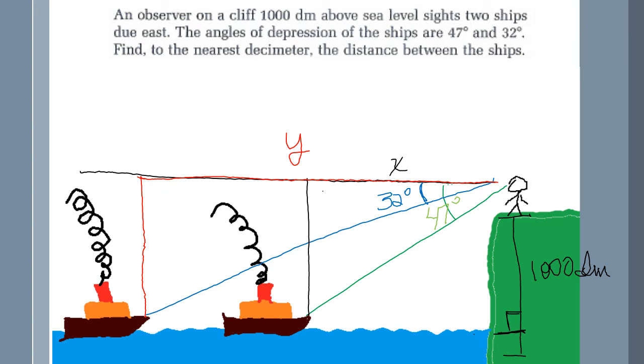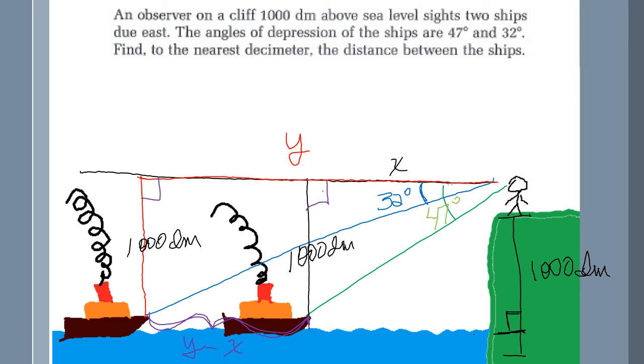So this distance is going to be y minus x. Okay, so we've got our right angles here, so we're going to do a little bit of trig. We know that the height to the water here is 1,000 decimeters on both of these, right?